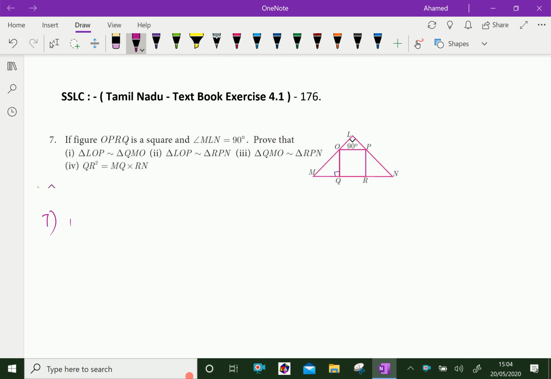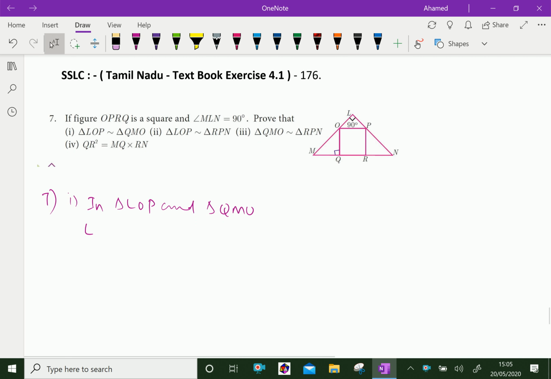Now, question number 7, first part. Here, in triangle LOP and triangle QMO, we can write the similarities.